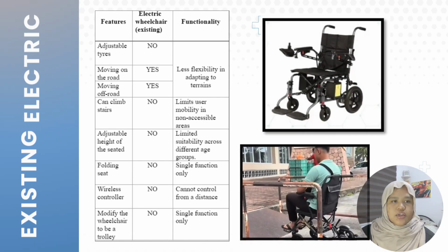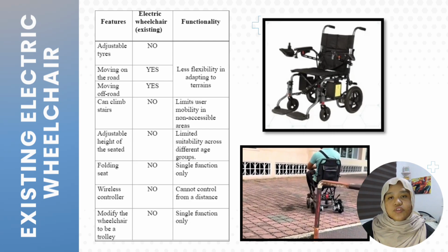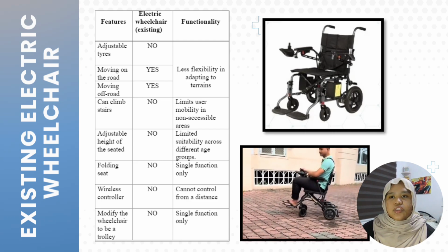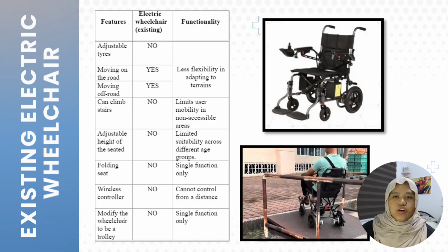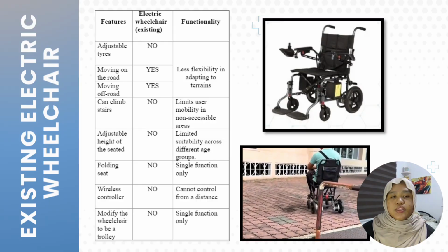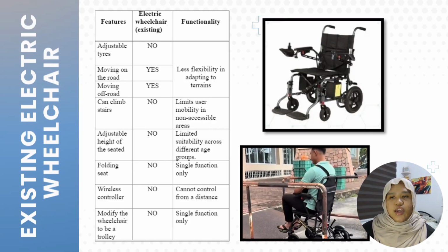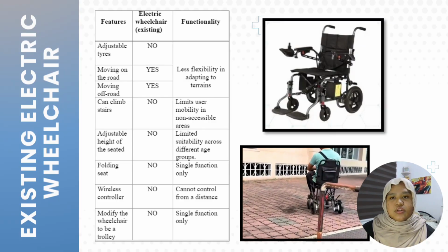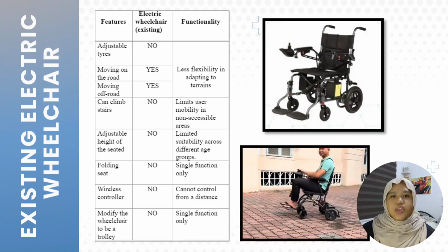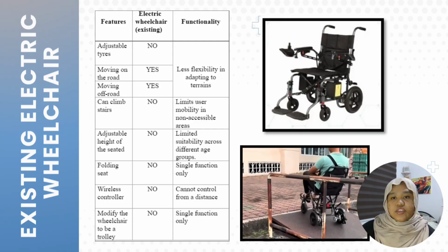This slide shows the existing electric wheelchair and its features. It can move on road and off-road surfaces, but it has limited flexibility on the terrain. It cannot climb stairs, which restricts user mobility in non-accessible areas. The seat height is not adjustable.